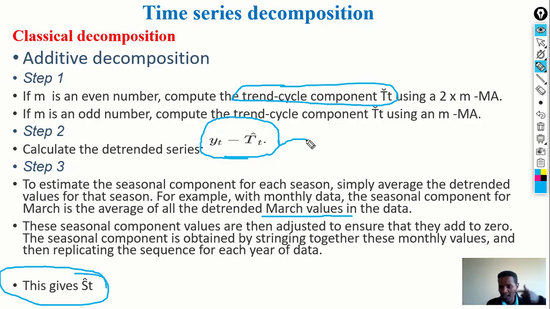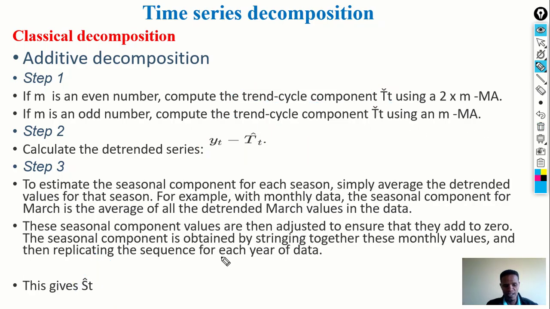The detrended series was used to calculate the average value in order to get the seasonal component S hat T. And then the remainder component R T is anything other than the trend cycle component and the seasonal component, which is the third component of the decomposed data.